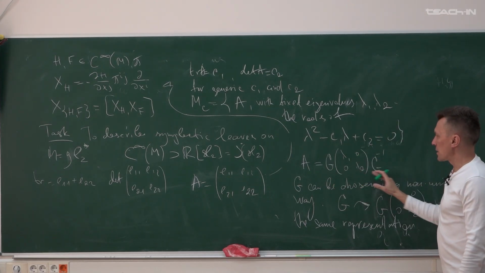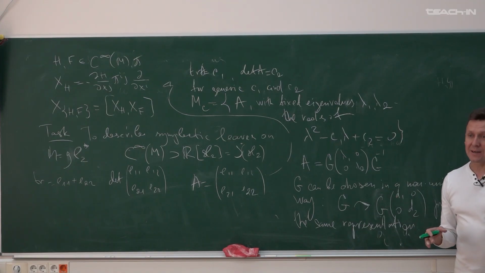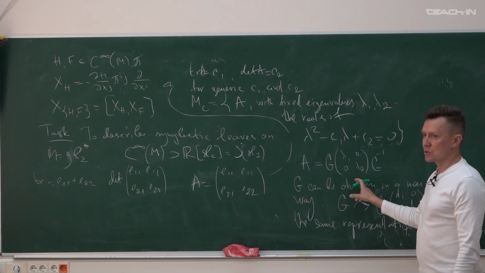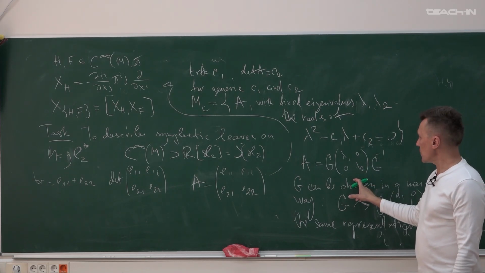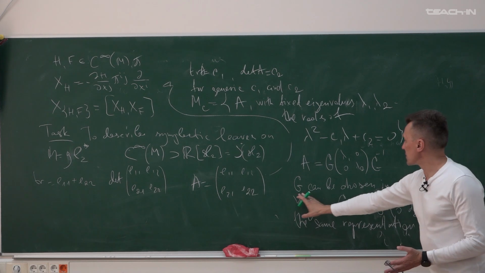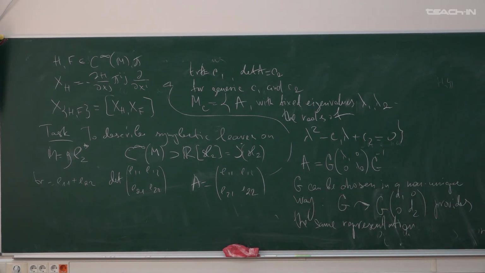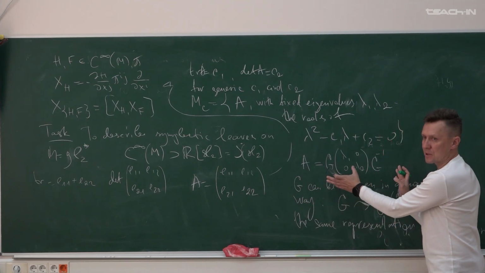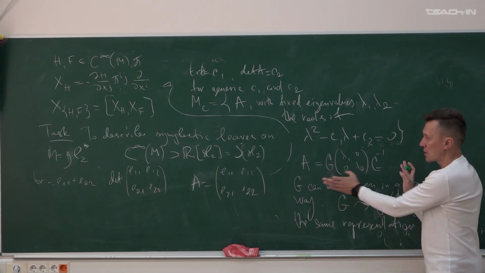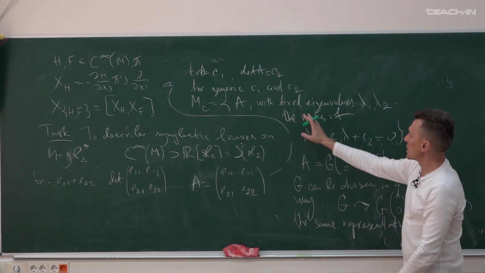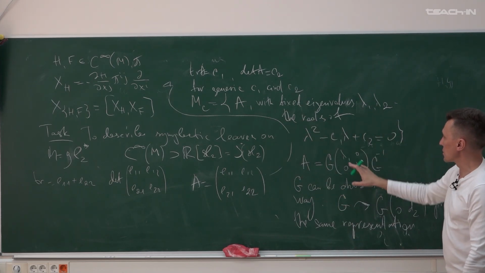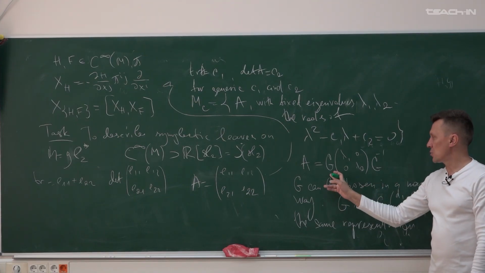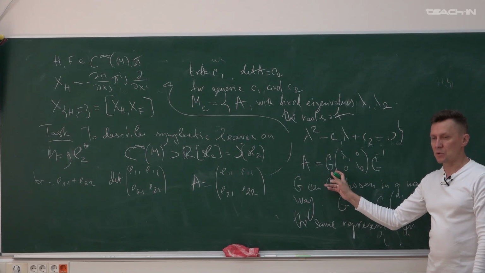I'd like to use this formula to parameterize the matrices with the same eigenvalues. Each diagonalizable matrix with fixed eigenvalues lambda1 and lambda2 can be represented in this form. But the choice of matrix G is not unique.